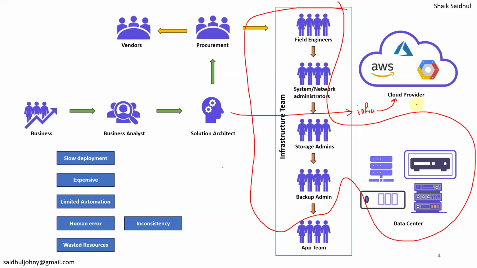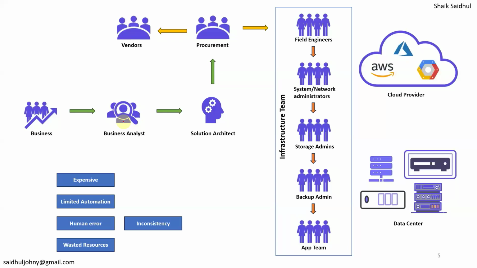So tell me, guys, when you are working in the cloud platform, is the deployment comparatively slower or faster? Yes, faster. It will be faster compared to the on-premises working model. When you're working in the cloud platforms, the deployment is very fast because you don't have to depend on the data center or on these many teams.